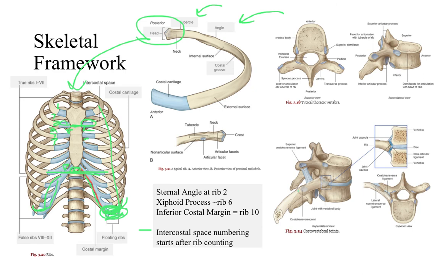So which vertebrae does the rib belong to? Well, it turns out that if this is rib 5, then the vertebrae that it's attached to are vertebrae 4 and vertebrae 5. Of course, thoracic vertebrae 4 and thoracic vertebrae 5.